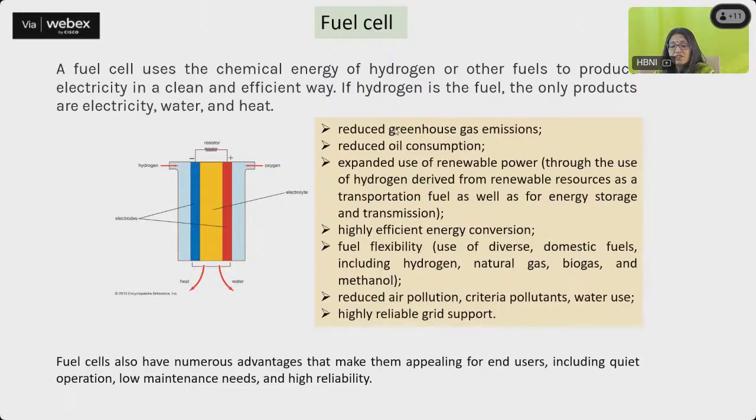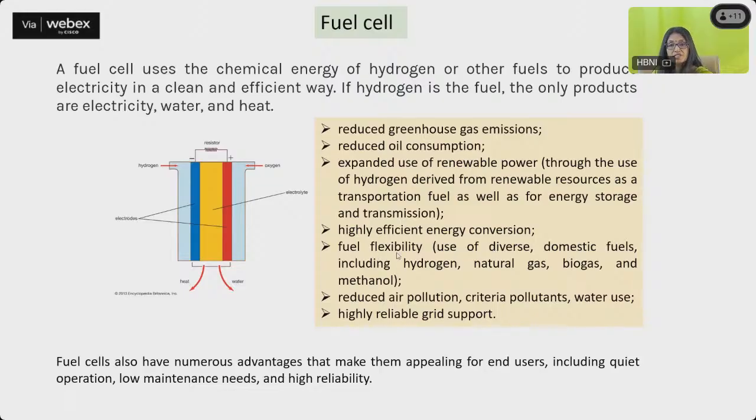So see what the advantages are. Huge amount of advantages are there in fuel cells. It is obviously going to reduce your greenhouse gas emissions. It is going to reduce oil consumption. It is going to expand the use of renewable power. How? Through the use of hydrogen derived from renewable resources as a transportation fuel, as well as for energy storage and transmission. Highly efficient energy conversion is possible over here.